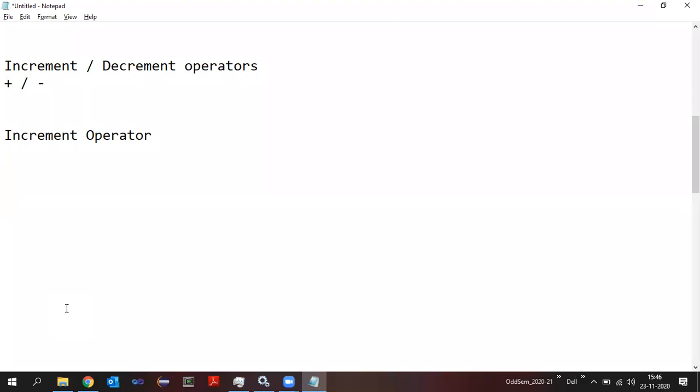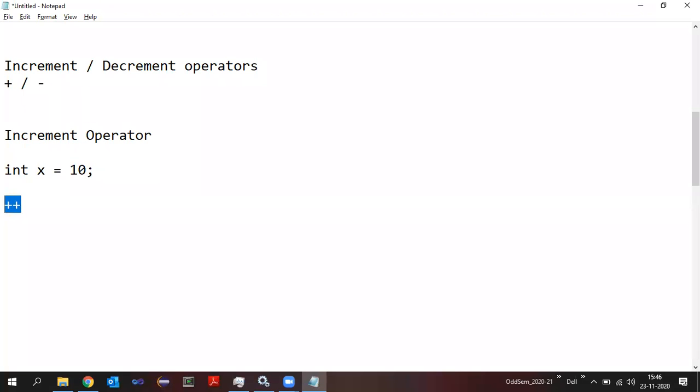Okay, now I will first give you an example here. Say x is equal to 10. There is one integer variable x equal to 10. Now the increment operator is represented with 2 plus symbols.